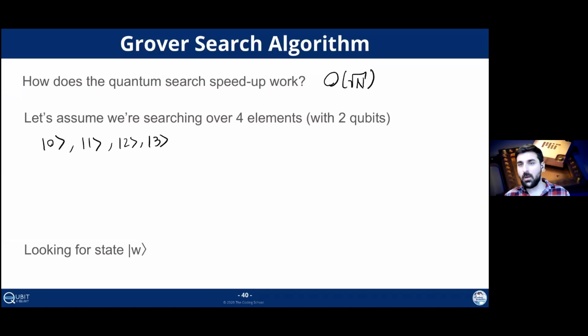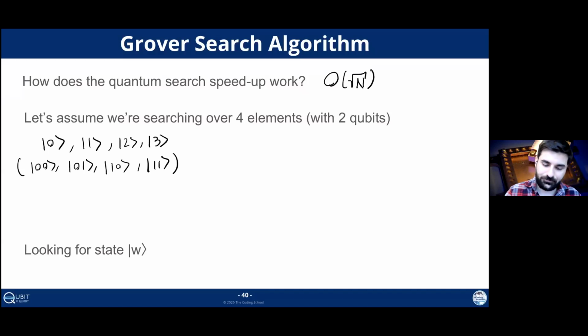And if you want to represent them with qubits, you can write it as 00, 01, 10, and 11. What I have down here in parentheses is just a binary representation of what I have up there. Now, the one rule that we want to follow is that these states are orthonormal.